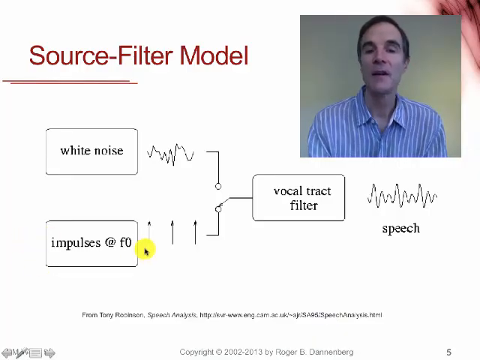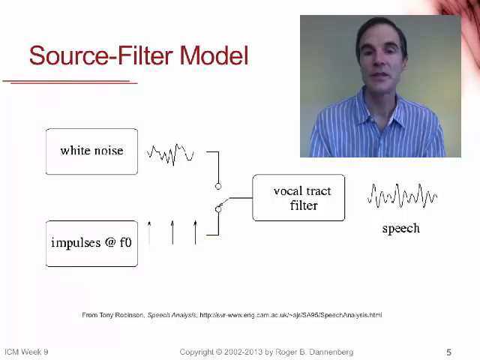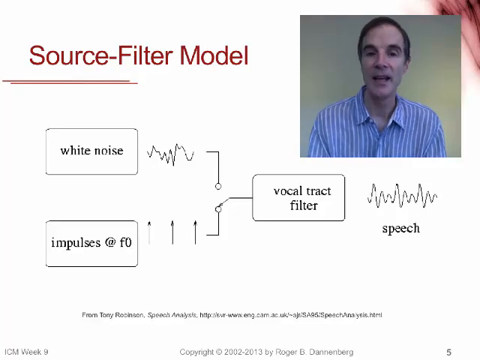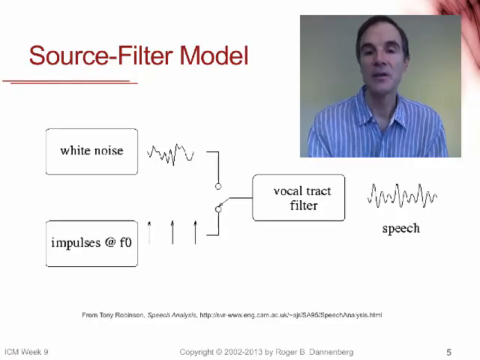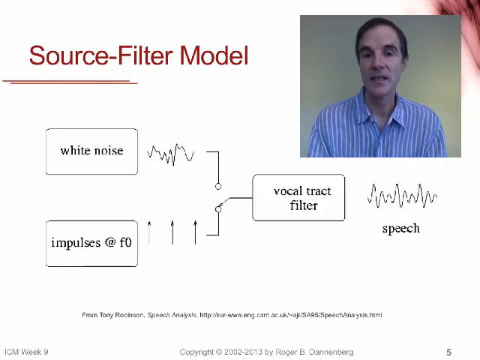Or we can have a pulse train, periodic impulses, and then we get what is called voiced speech, so those kinds of vowels. And everything that I'm saying right now is for the most part voiced, but certain consonants are unvoiced, like the S sound.